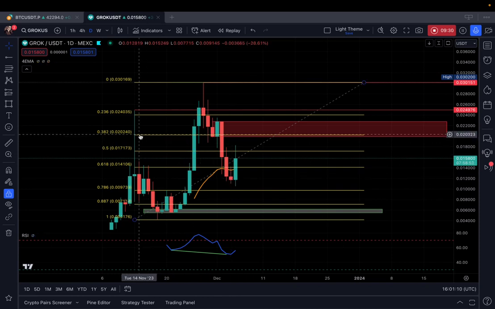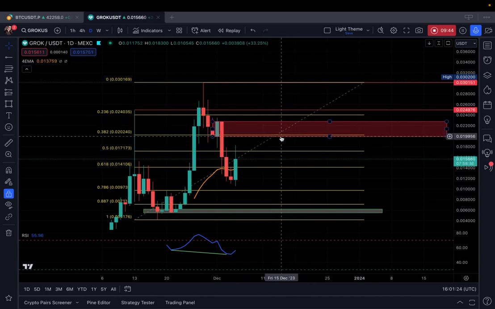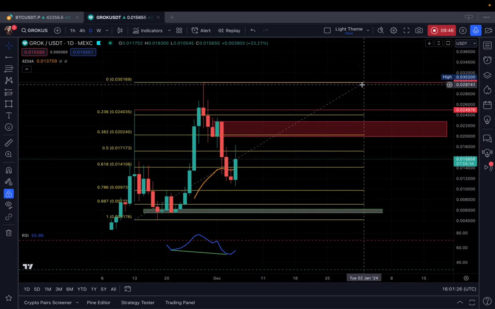Okay, the 0.382 has the confluence of this supply zone, so it gives more confluence for a reaction when and if the price will get to this supply zone.